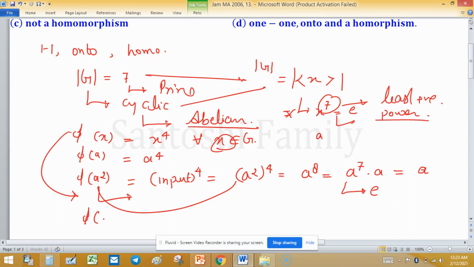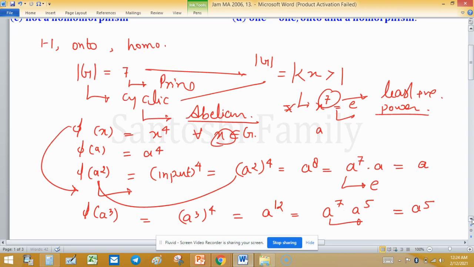Now phi of a cubed will be a cubed raised to the power 4, meaning a raised to the power 12, meaning a raised to the power 7 into a raised to the power 5, and this is a raised to the power 5.